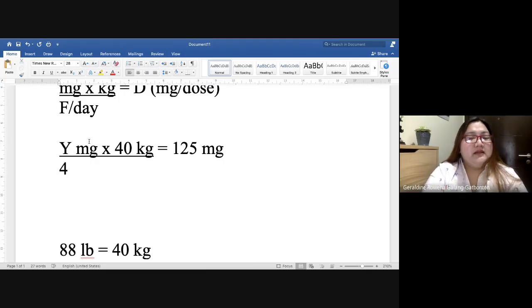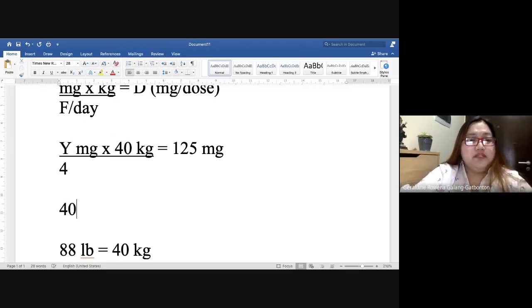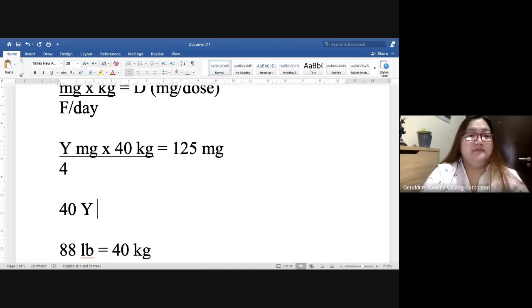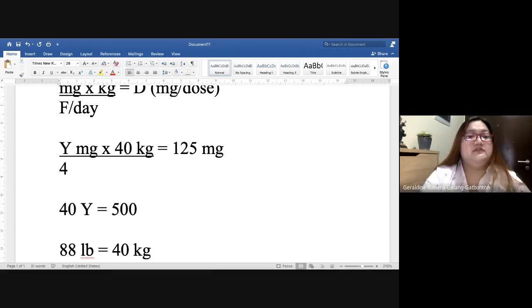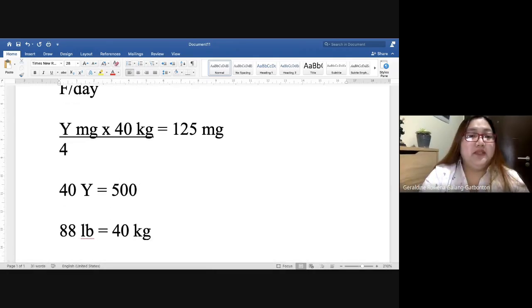So, alisin muna natin yung mga units of measurement. Okay? Y times 40 is equal to 40y. Equals, pwede siyang i-cross multiply, di ba? Kasi may equal sign. 125 times 4 is 500.